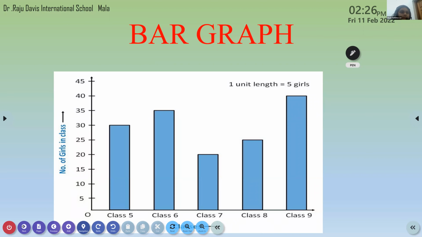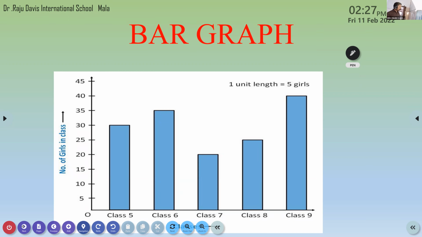On x-axis, they have given various classes, that is class 5, 6, 7, 8, and 9. On y-axis, they have given number of girls in class. In class 6, how many girls are there? 35. Yes, right. Good.